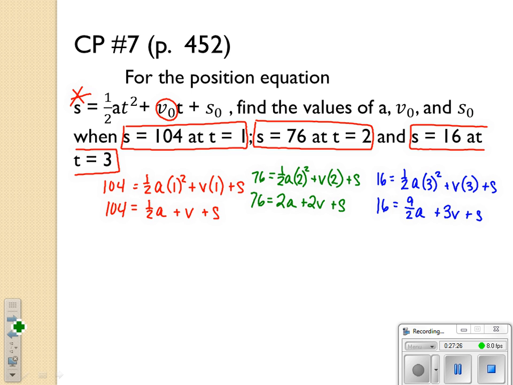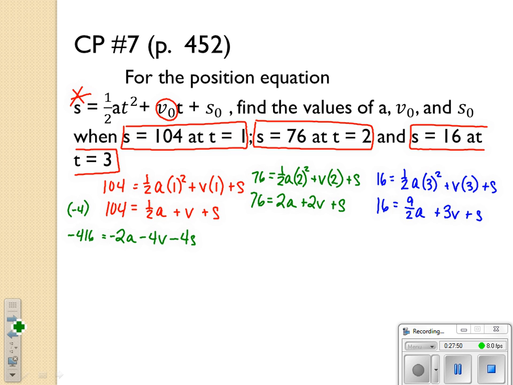So I am going to multiply the first equation by -4. -4 times this one is going to give me -416 equals -2a minus 4v minus 4s.